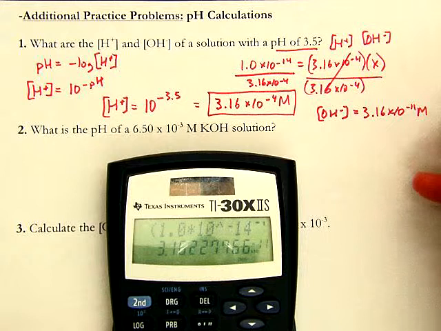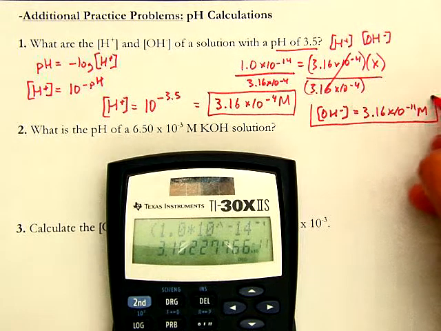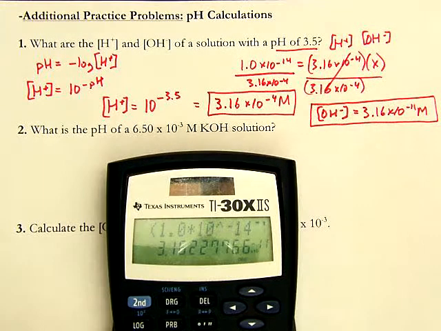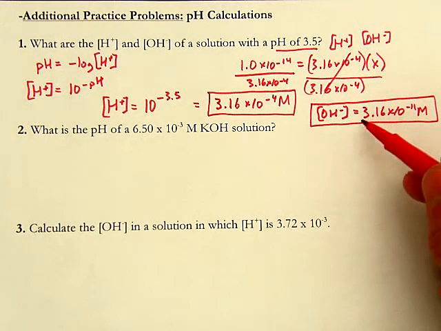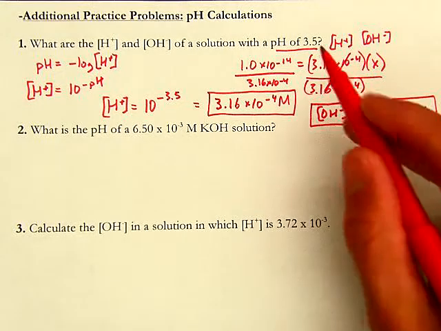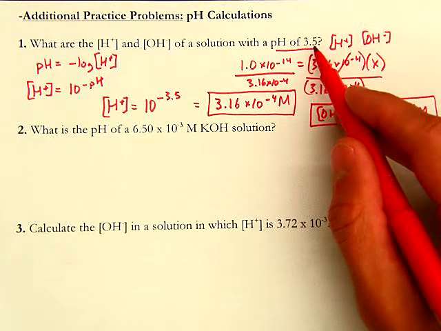And that's molarity. From there you could calculate the pOH using this, or you could take 14 minus this number to get the pOH.